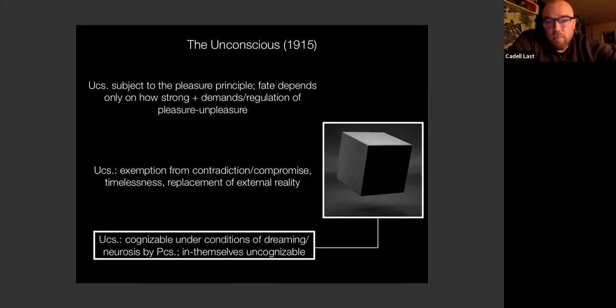The unconscious subject is subject to the pleasure principle, namely the unconscious is striving for pleasure. Unconscious would like to enact and realize this pleasure, this desire. And he says the fate of the unconscious depends on how strong it is and the demands and regulations of the pleasure-unpleasure principle.